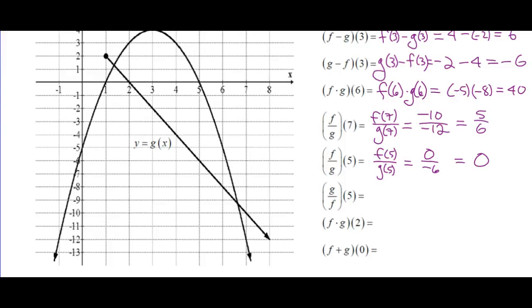F of x isn't negative 12 over negative 10? F of 7, you're right. That was 5/6 of the way to 6/5. Okay, I'm not trying to mess up, but I will.